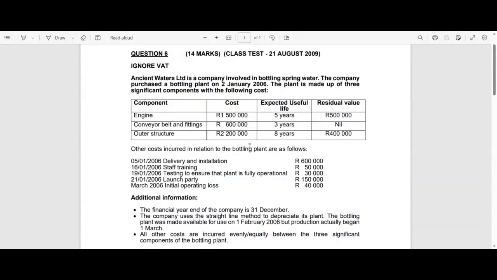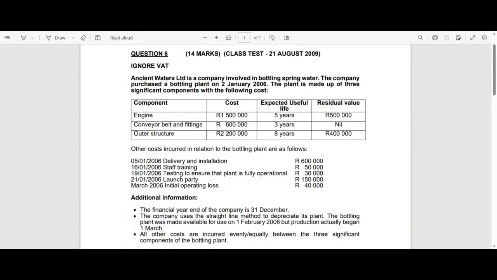And the same will happen with our accumulated depreciation accounts, ladies and gentlemen. Not the depreciation expense. There we only have a depreciation expense on the bottling plant itself because we are going to write that expense off at the end of the year to our profit and loss account, right?